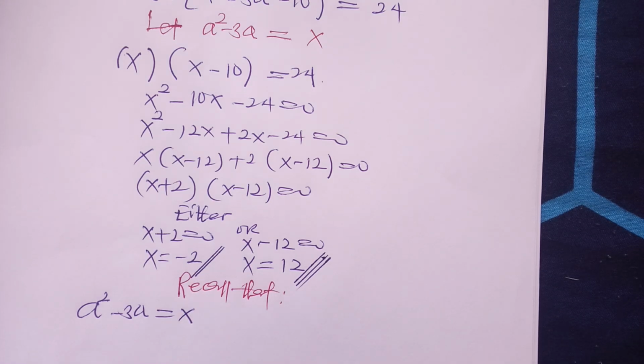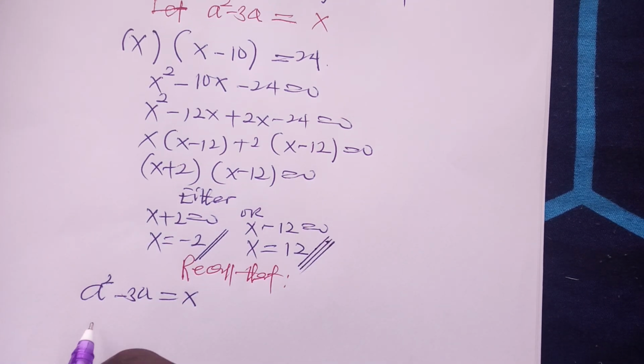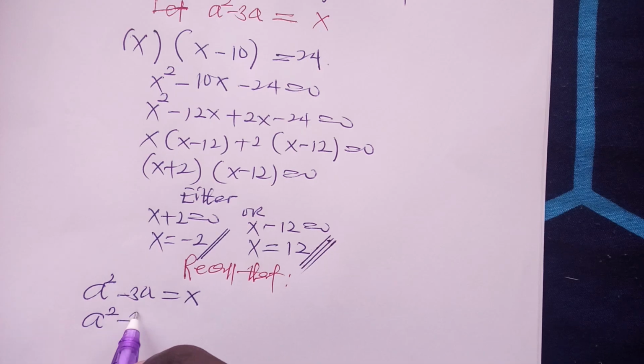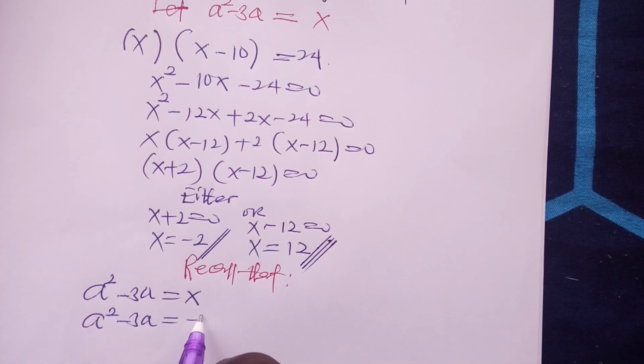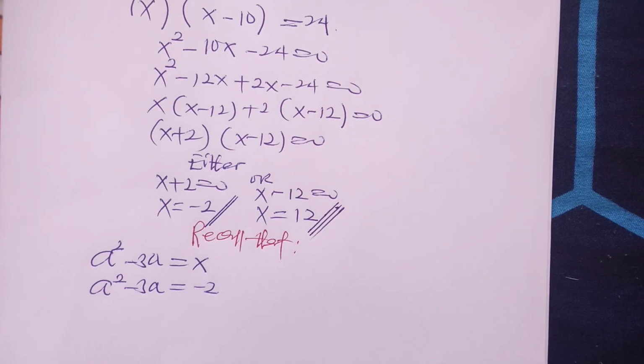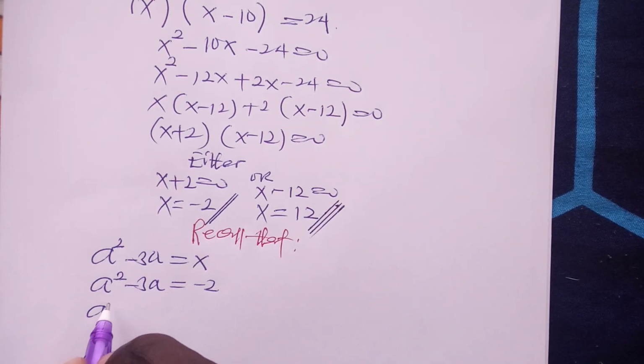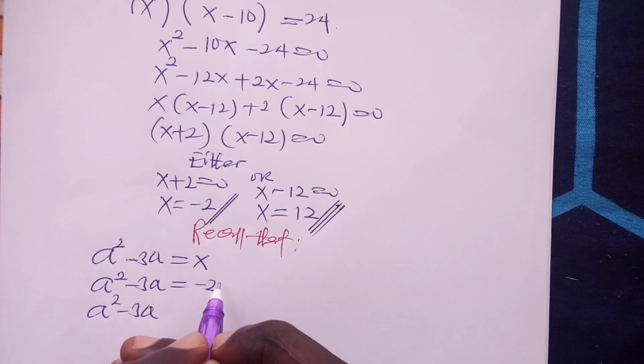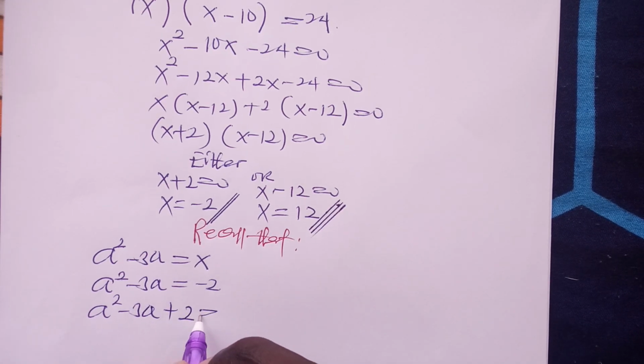Okay, then from this we say this a square minus 3a equals minus 2, because the value of x is minus 2. Then it continues. We have now a square minus 3a. When this one is moving diagonal plus 2, then everything becomes 0.